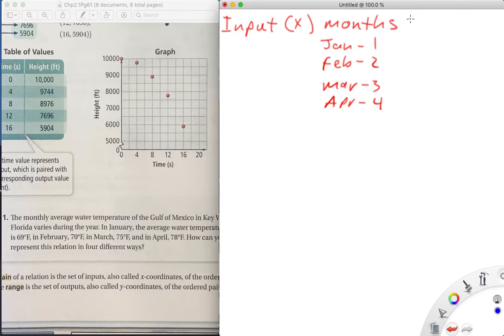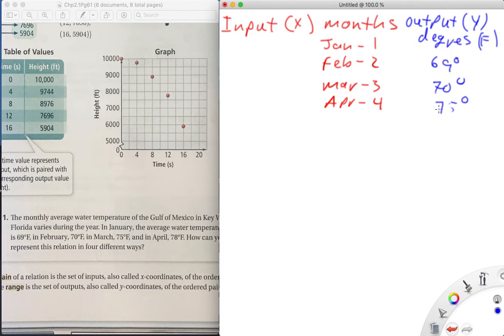Our outputs would be our y, and it would be our degrees Fahrenheit. The January degree is 69 degrees. February is 70. March is 75.